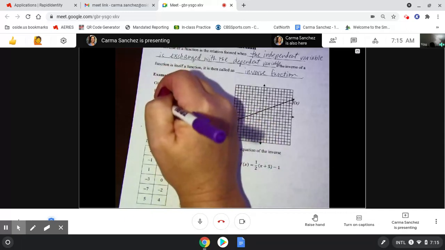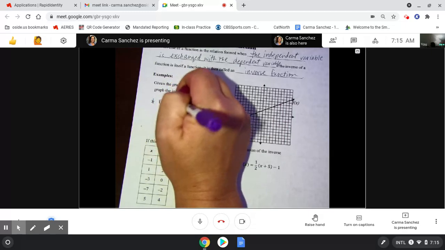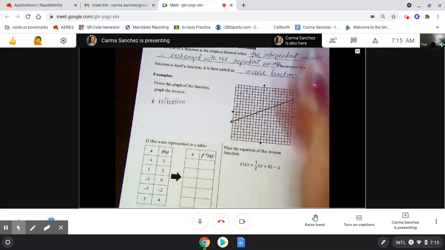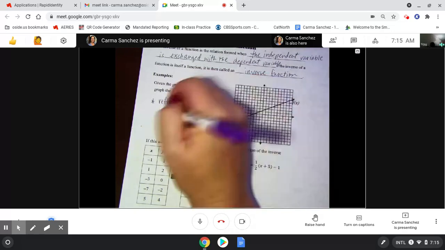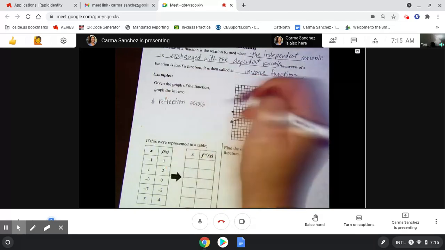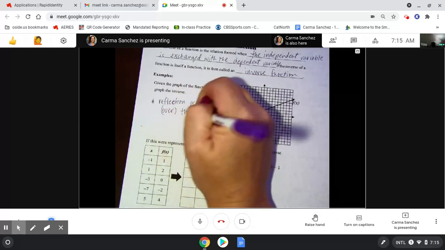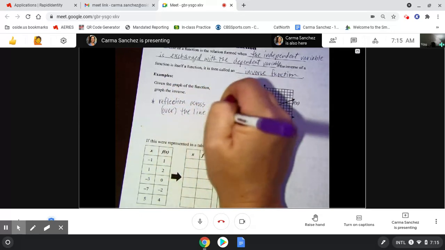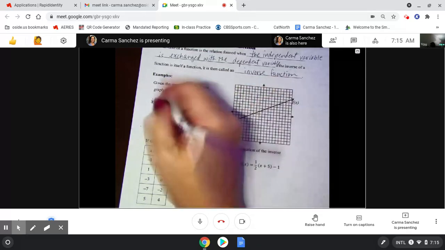We're going to see that it is a reflection of this line over the line y equals x every time. Every inverse is a reflection across this line.